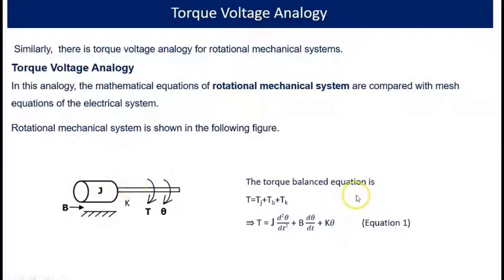The torque balance equation is: applied torque is equal to the sum of all opposing torques. So T is equal to Tj plus Tb plus Tk, three elements J, B and K. With applied torque T and angular displacement theta, T is equal to J into d square theta by dt square plus B into d theta by dt plus K theta.